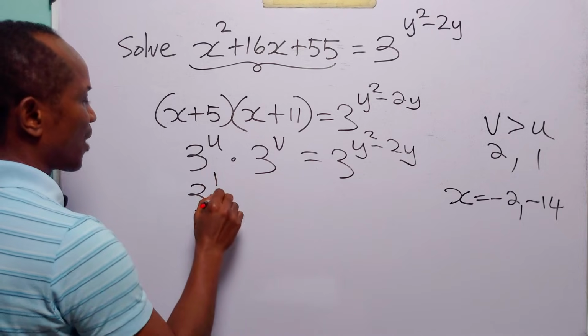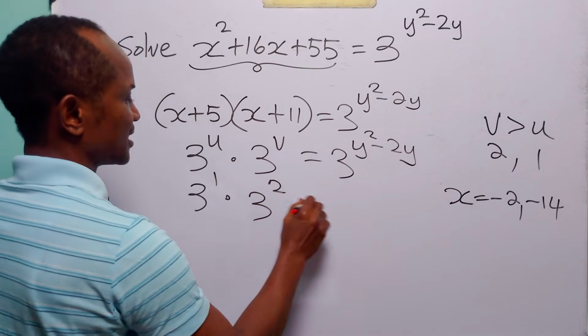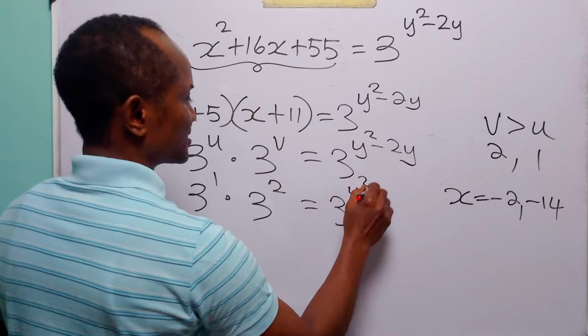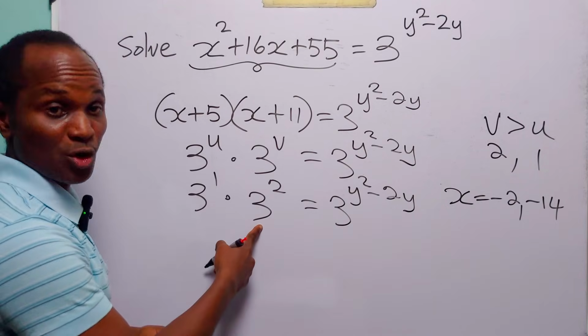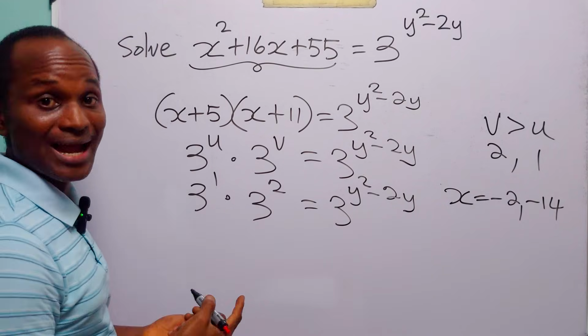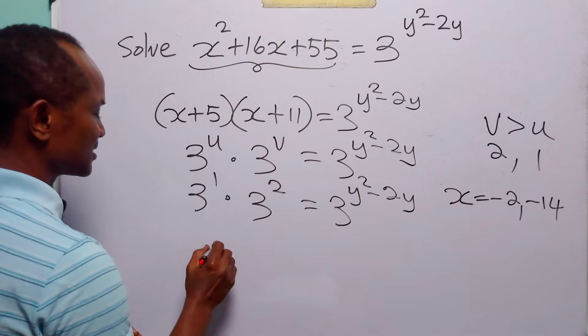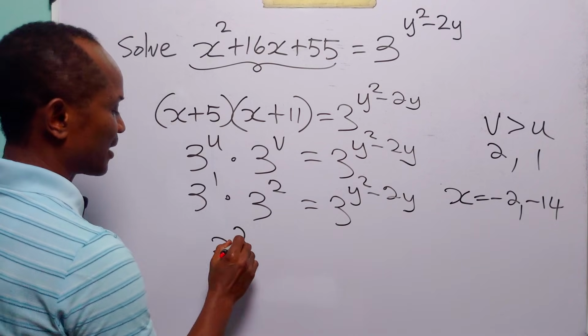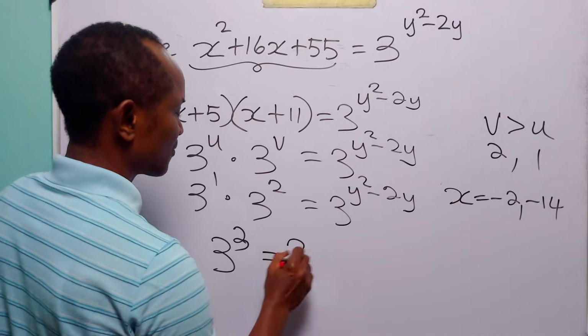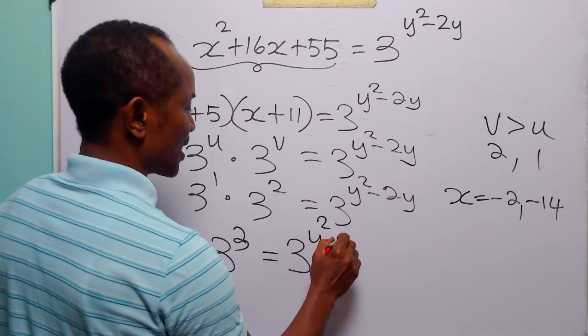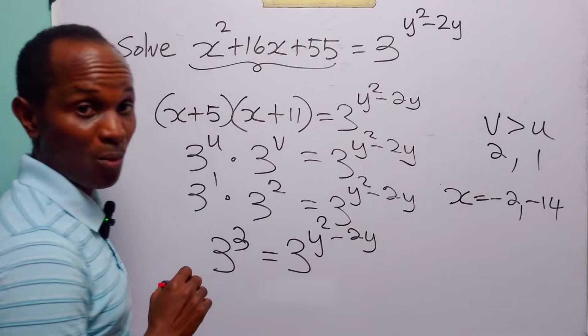U is 1 and v is 2. When we multiply two numbers with the same base, we add the exponents. So this is 3 to the power 3, since 1 plus 2 is equal to 3, and this is equal to 3 to the power y squared minus 2y.